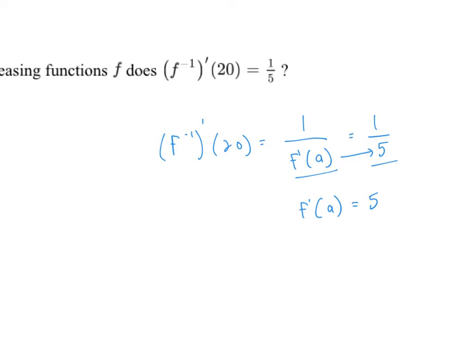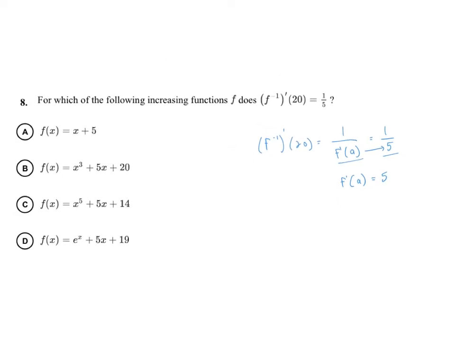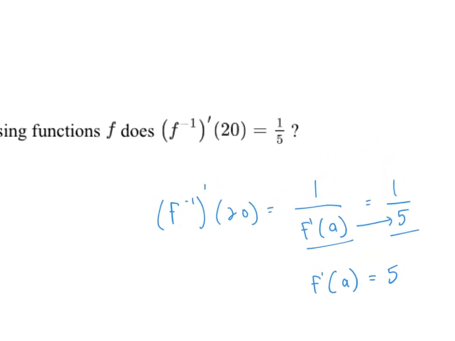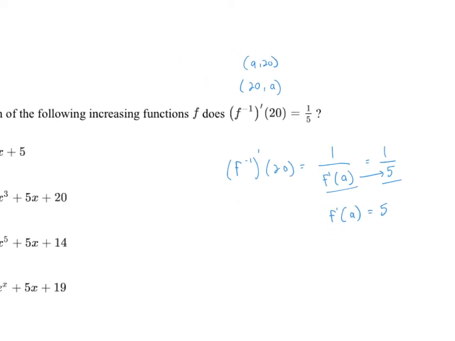So I have to figure out that x value, because there's some point 20 comma a, we'll say, on the inverse. That means a comma 20 has to be on the regular function.